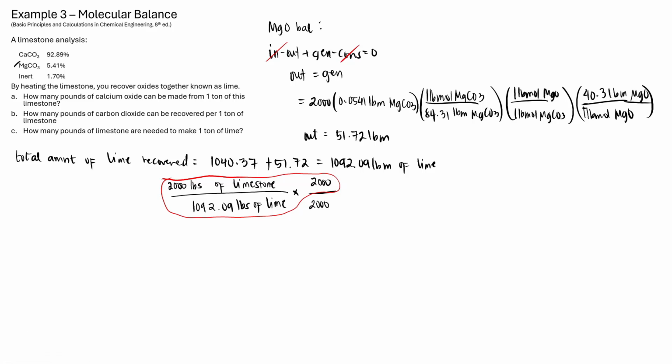So it's 2,000 times 2,000 over 1092.09. So I'd need 3,662.70 pounds of limestone to get 1 ton of lime.